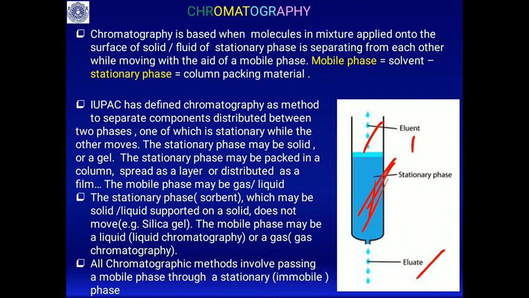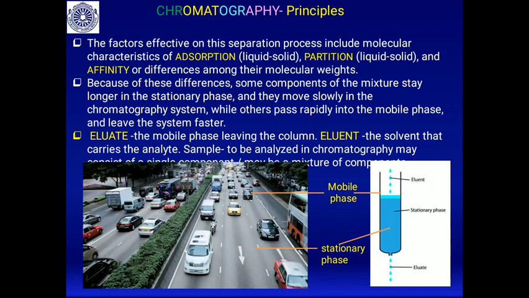There are so many types: gas chromatography, liquid chromatography, ion exchange chromatography, whatever it is, the basic principle is that a mobile phase is passed through a stationary immobile phase. So what are the factors?